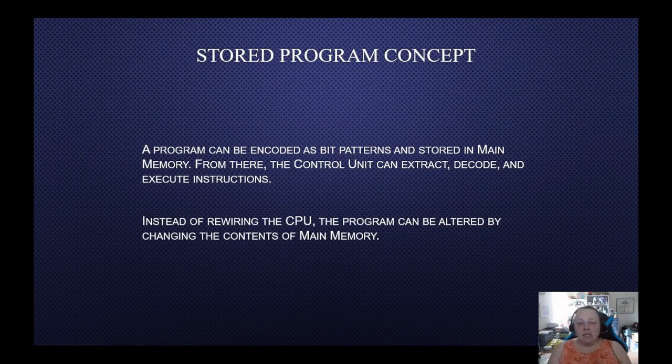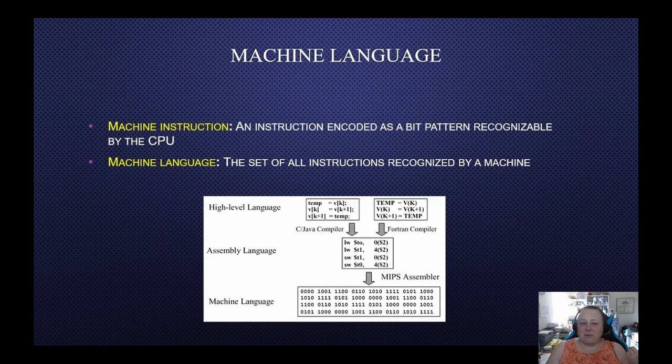If you want to execute this stored program, you need to speak the same language as the computer. So let's go back to a little bit of binary. What your computer speaks is called machine language. And when I say speaks, I just mean what it understands. We already discussed that last lecture. All it understands is off and on, 0 and 1. So it's going to look like binary.